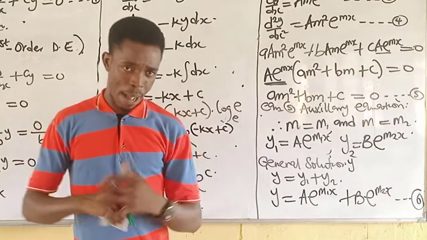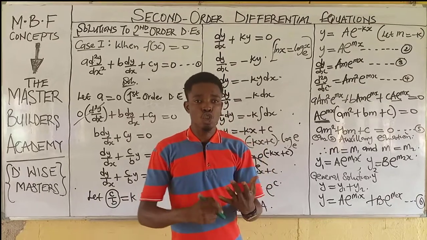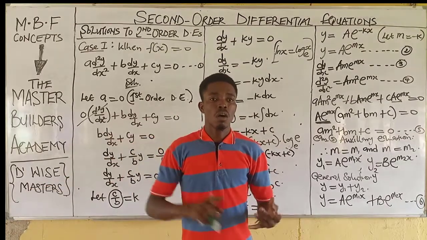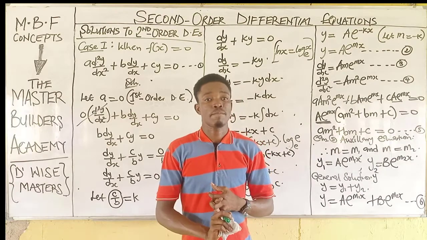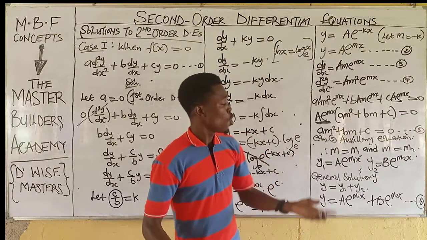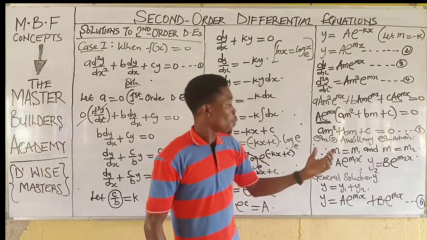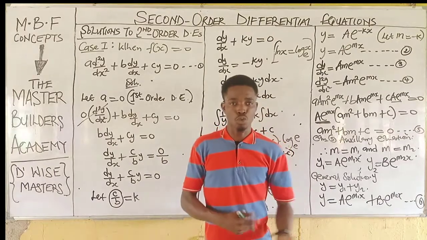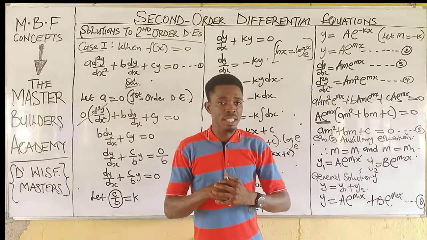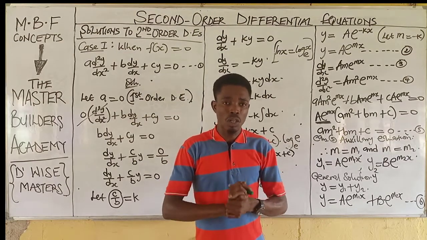But like I said earlier, it is these two roots here that will give us some topics under second order differential equation for case 1. So we are going to be looking at subtopics: when m1 and m2 are different, when m1 and m2 are equal, and when we have complex roots. These will be the cases where we will be providing solutions to second order differential equation.